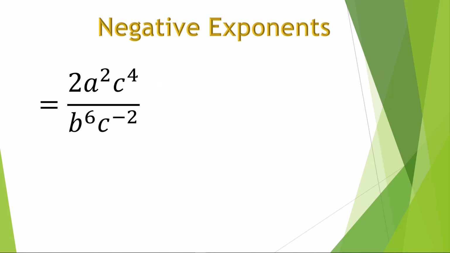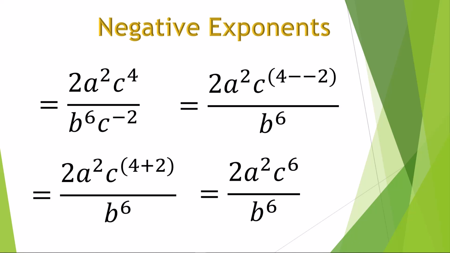Finally, we subtract the exponents for the c power, resulting in 4 minus negative 2, or 4 plus 2, to make 6 as the final exponent for the c power. We have now accomplished all the necessary steps to simplify this expression by resolving all the negative exponents.